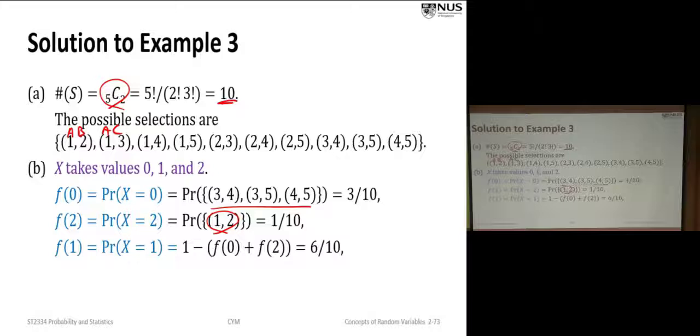So it's much easier. Because if you work this out directly, you have to know which of them means 1 defective. So this means 1 defective, 1 defective, 1 defective, and so on. So you have to count. Sometimes you may miss out. So try to take an easier way. In this case, you work out F0, F2, and then subtract those from 1.